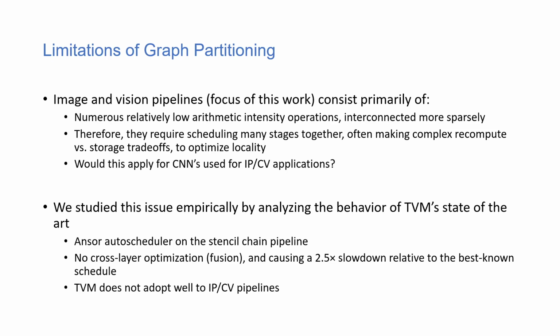They tried this empirically, and they found that TVM did not perform well because it doesn't have fusion at all. TVM is another domain-specific language that is targeted for deep learning, unlike Halide, which is targeted for image processing and computer vision.